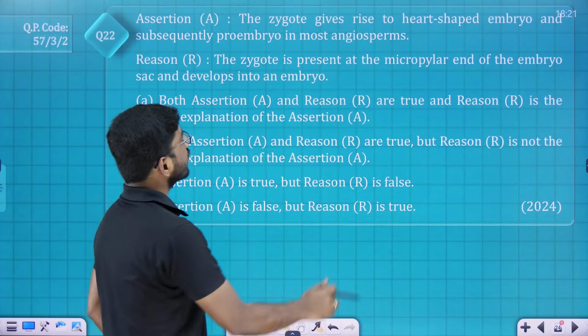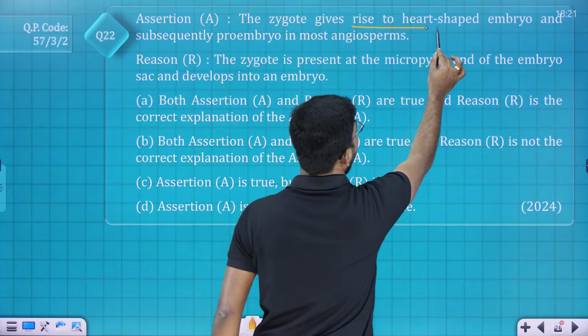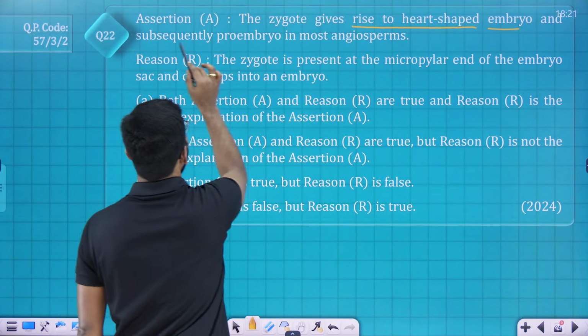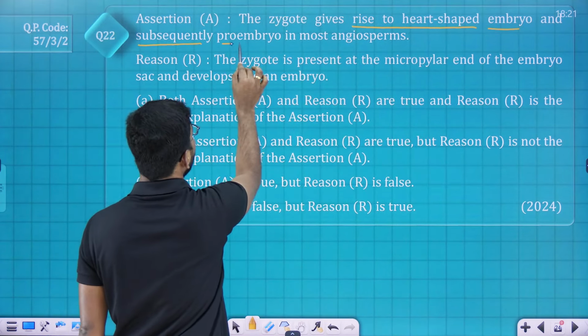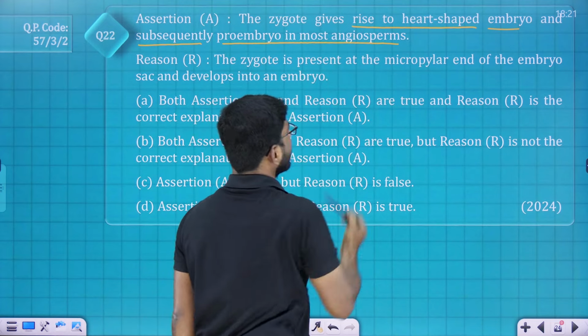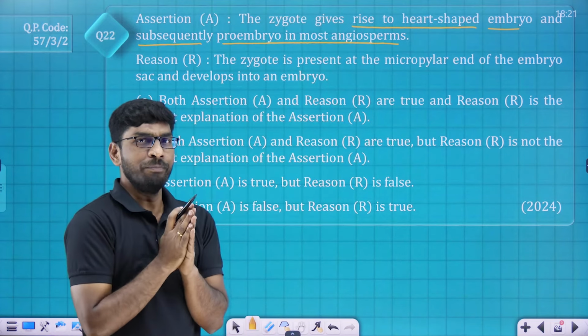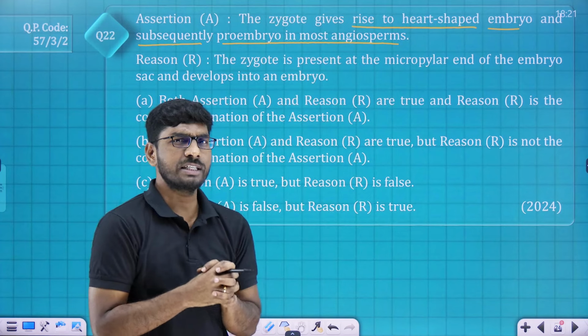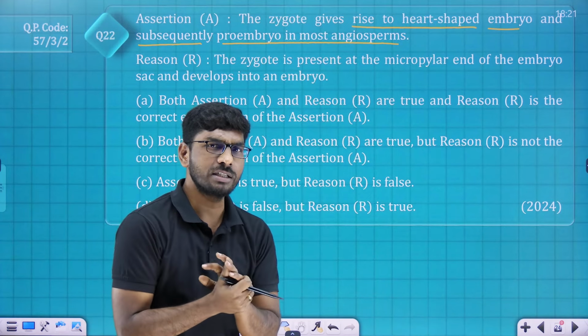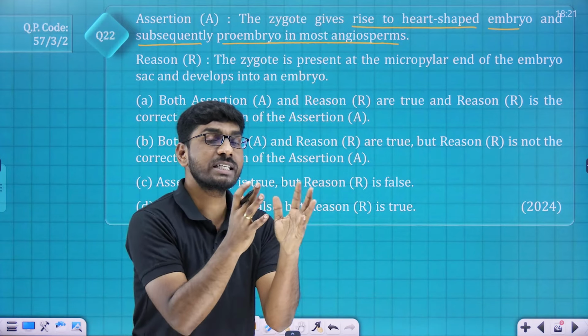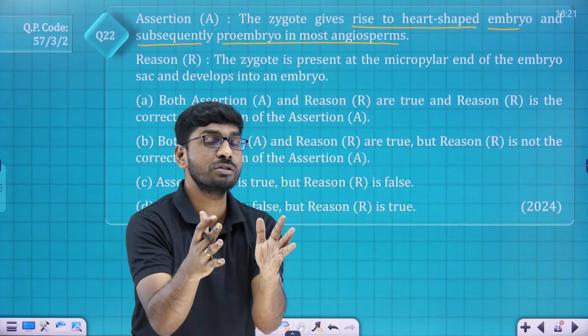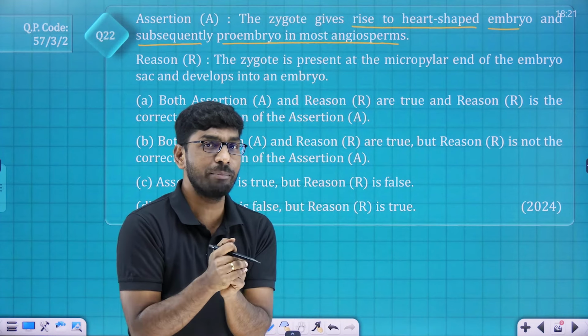Assertion: the zygote gives rise to a heart-shaped embryo and subsequently a pro-embryo in most angiosperms. If you closely read the statement, something is wrong. What are the stages of developmental process of a dicot embryo?